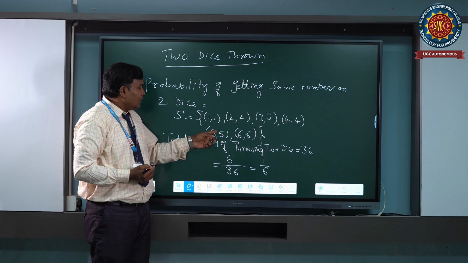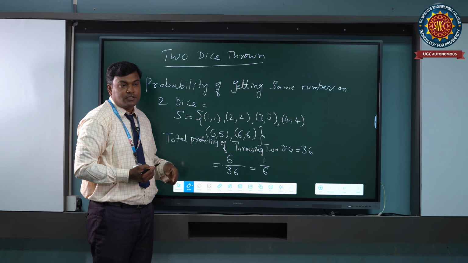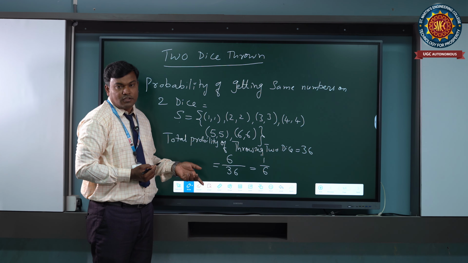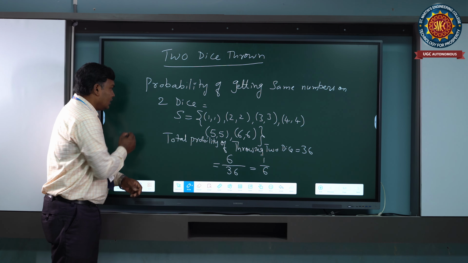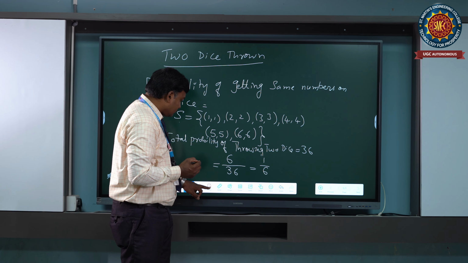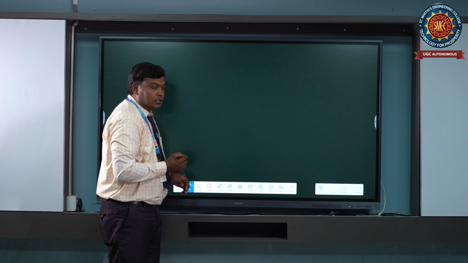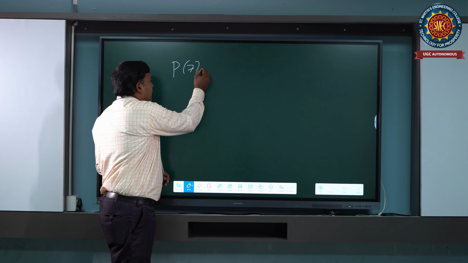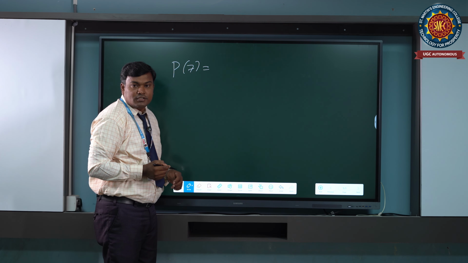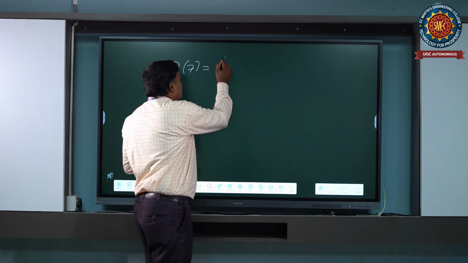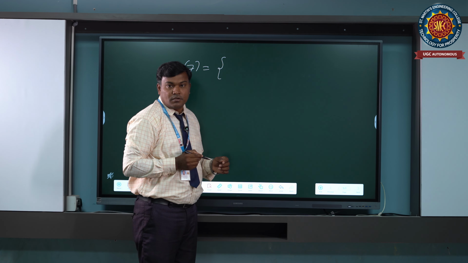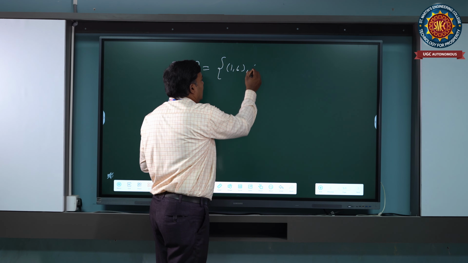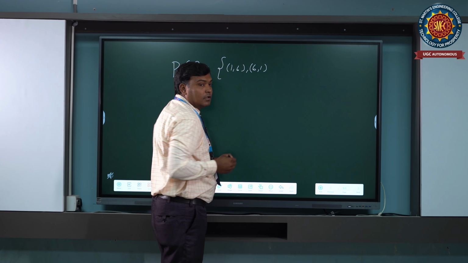Like that, so many examples we can consider. What is the probability of getting 7? So 2 dice are thrown, means what is the probability of getting 7? First we have to understand the outcomes. What are the possibilities? 1 comma 6 and 6 comma 1.